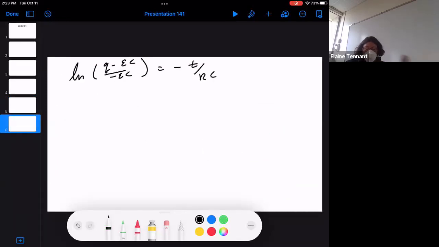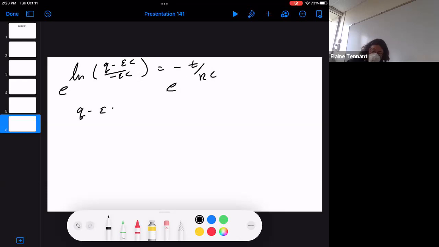Okay, so I need the Q by itself on one side and everything else on the other side. So I need to get rid of that natural log. And how do you get rid of natural logs? E. Excellent. So I say if the natural log of that equals that, then e to that equals e to that.